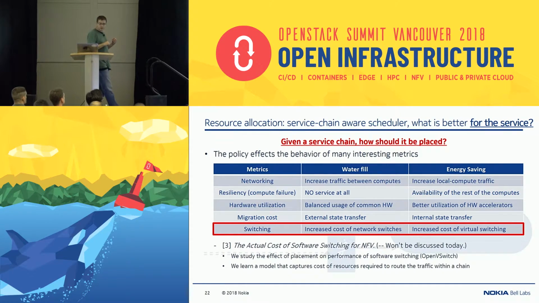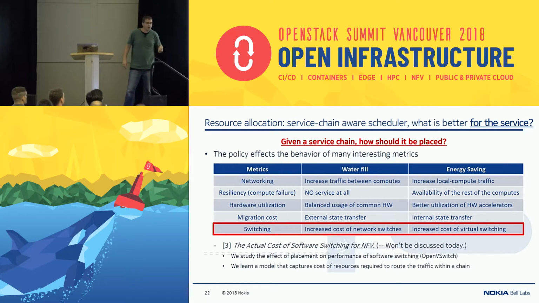So, given a service chain, how should we place? So, we have several matrices. There is endless matrices, endless KPI that you can think of that you would like to optimize. And when we have only water fill and energy saving, the behavior is not relevant to the service chain itself.